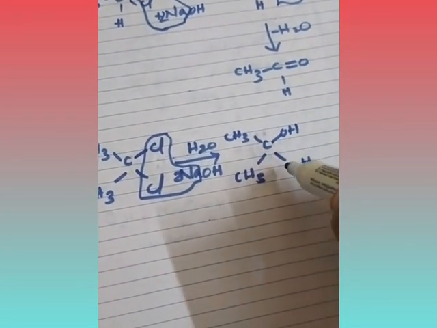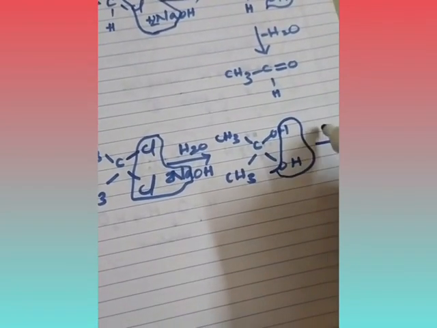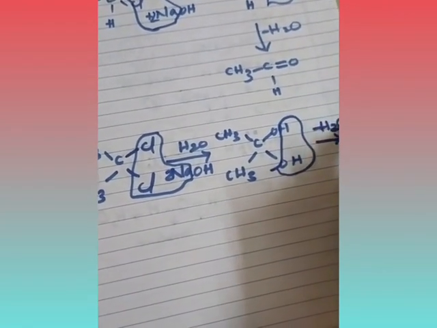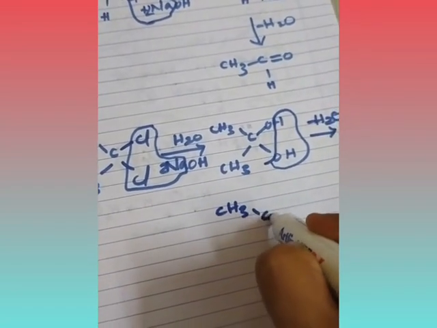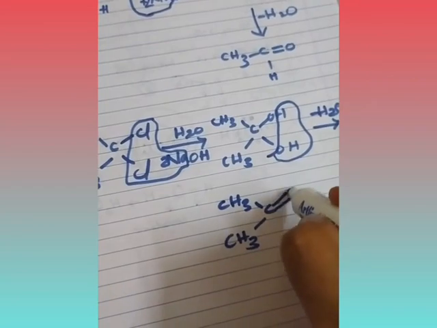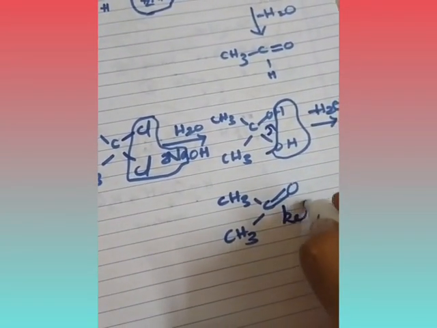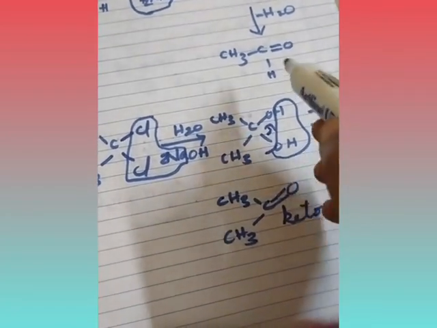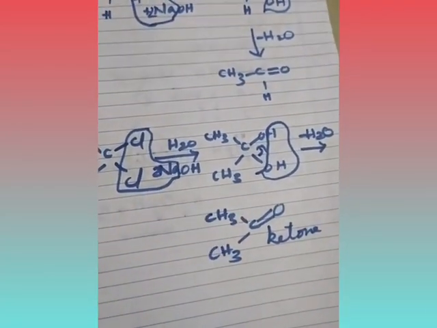Here again the same procedure, water will be liberated. We can write minus H2O there, and then the product is CH3, C, CH3, double bond O. So here we have ketone. The first one we got aldehyde, here we got ketone.